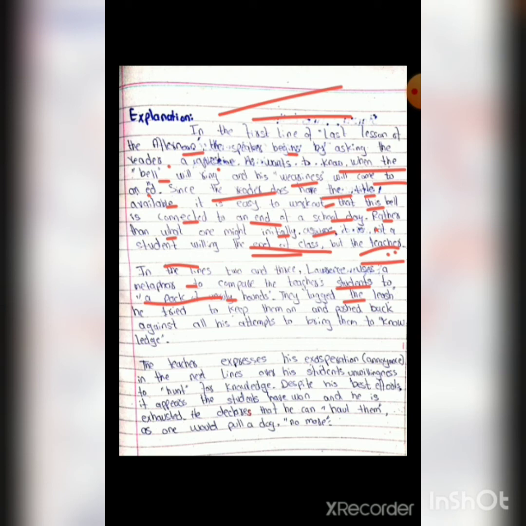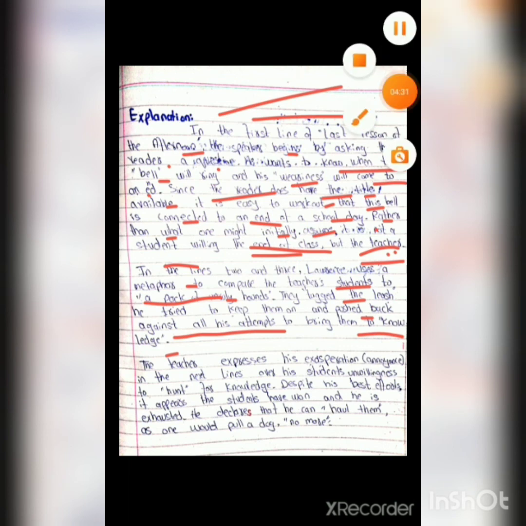He tried to keep them on and they pushed back against all his attempts to bring them to knowledge. ठीक है? मतलब जैसे हम एक डॉग को बांधते हैं, ठीक है, वैसे ही वो describe कर रहे हैं कि he has used all of his strength, ठीक है, to discipline the students, but they still do not listen to the teacher, right, and obey the teacher.